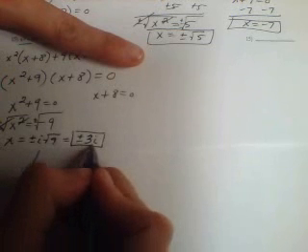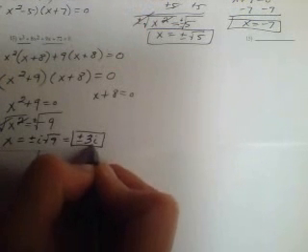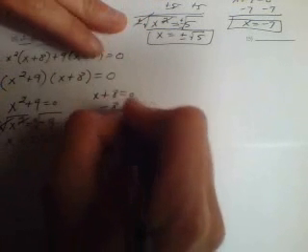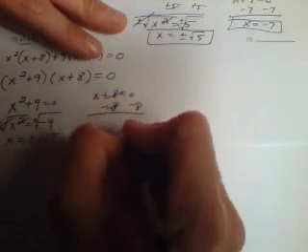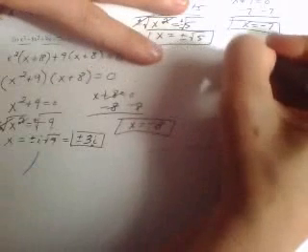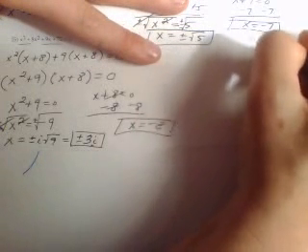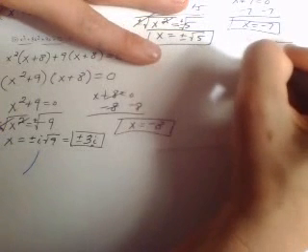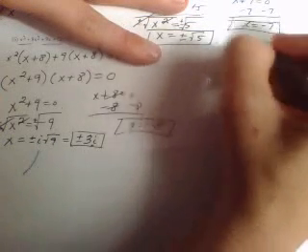Those would not show up on the graph, remember, because they are imaginary solutions. And then this 8 right here, we're getting x equals negative 8. So we have x is equal to plus or minus 3i, and x is equal to negative 8.